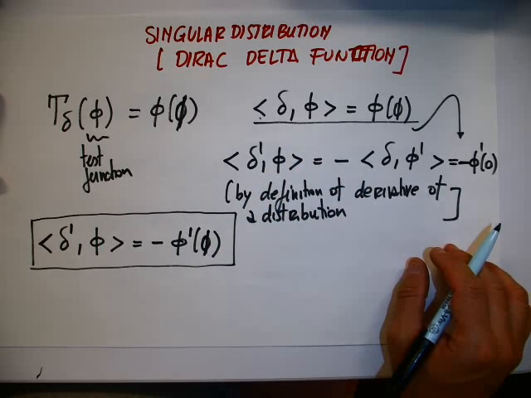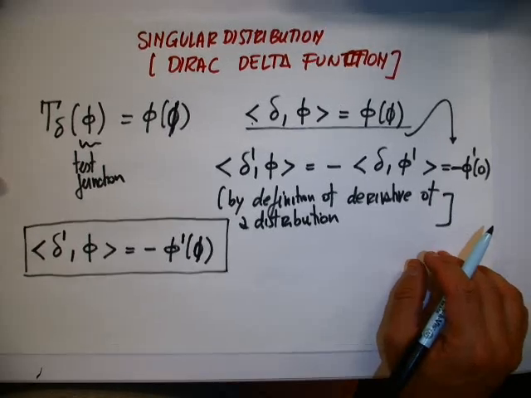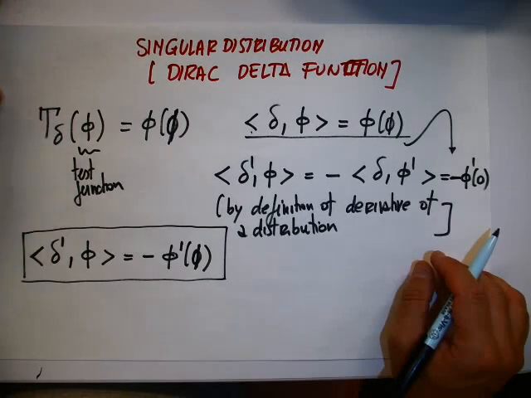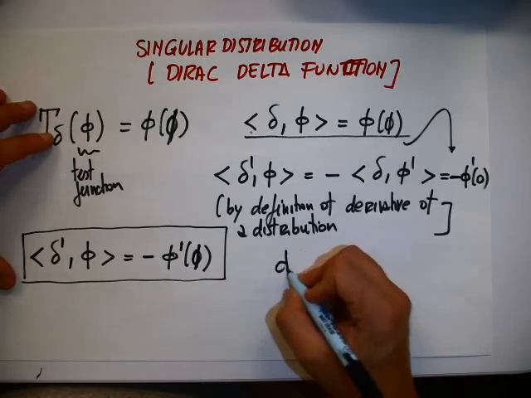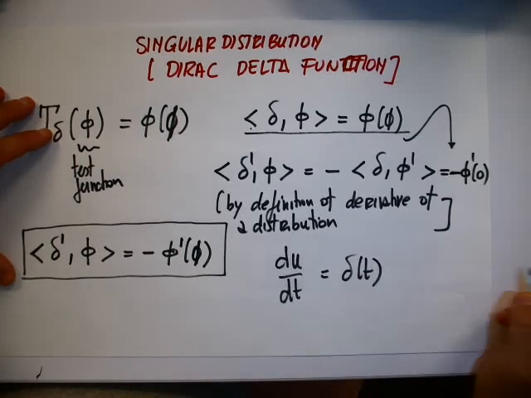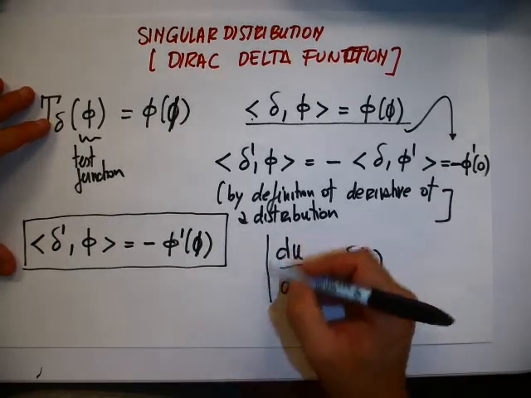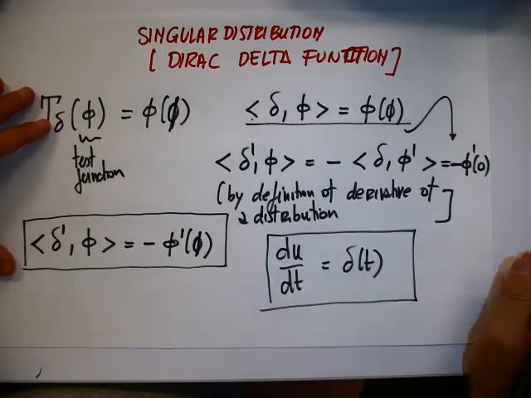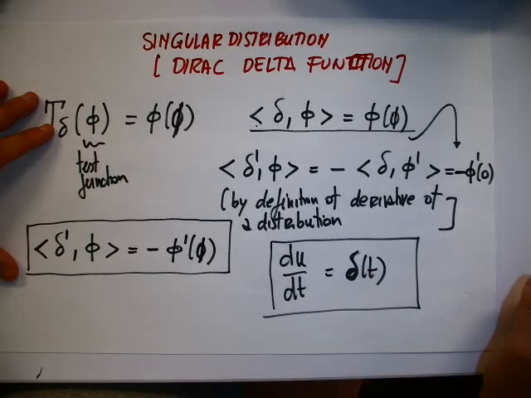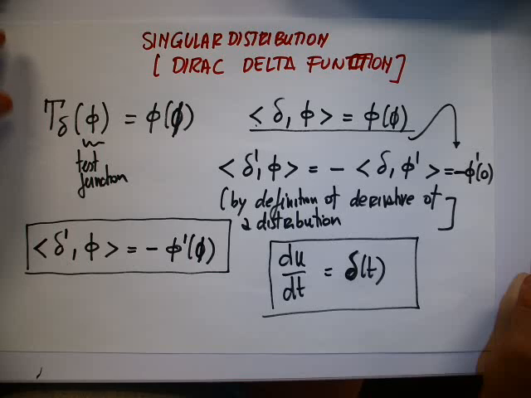And now you also know that when you take the derivative of a step function, this is basically the delta function, right? That's what people have been telling you in classes, right?